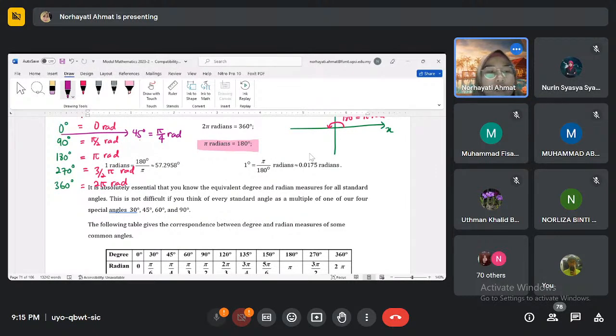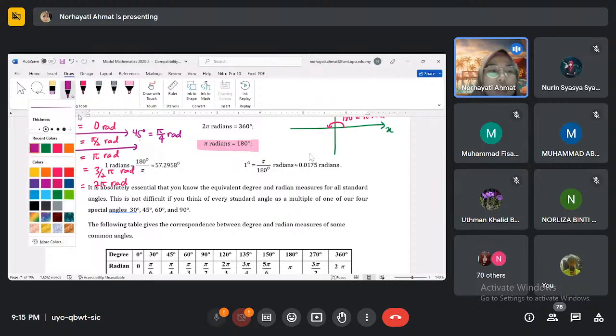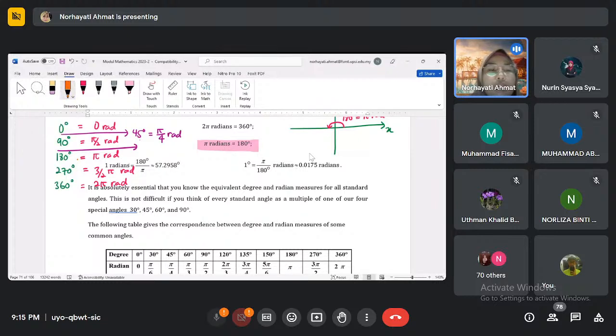Okay, yang ini pula berapa? 90 to 180. Berapa? Berapa degree dia? Berapa kelas? Kelas, ada orang tak? Between 90 degree to 180 degree, in the middle, berapa dia? 135 degree.